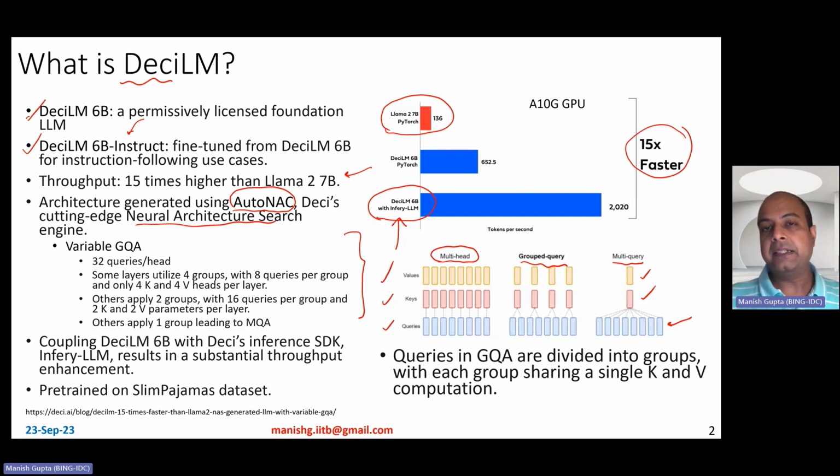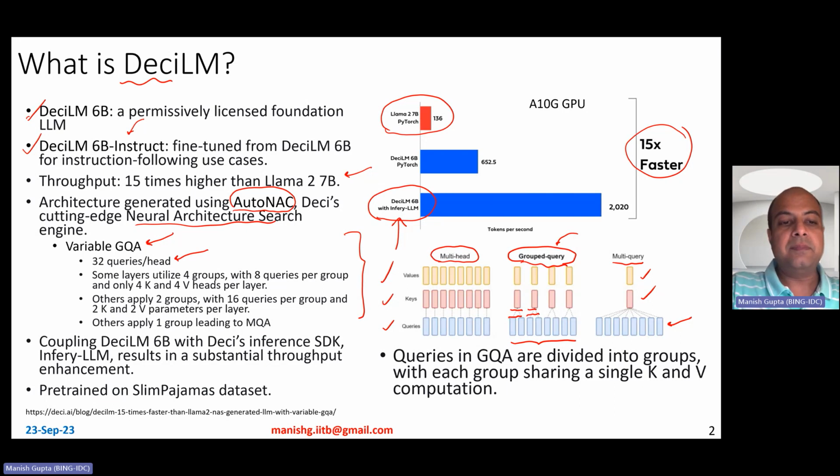Yet another way of doing this, in between, is called grouped query, where you have a query per attention head, but a key and a value for a group. So these keys and values are applicable to these two heads, and these keys and values are applicable to these two heads, and so on. Now, what DeciLM has done is to have variable grouped query attention. There are 32 queries per head, so that's fixed.